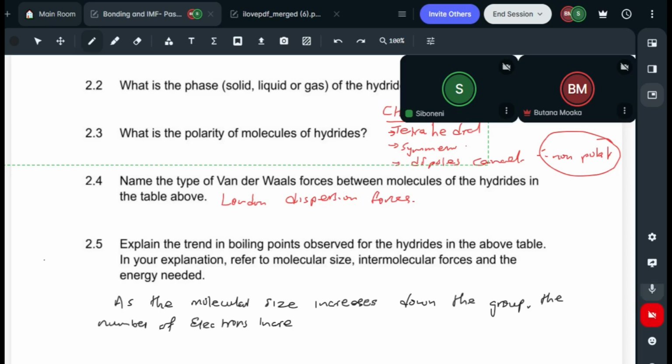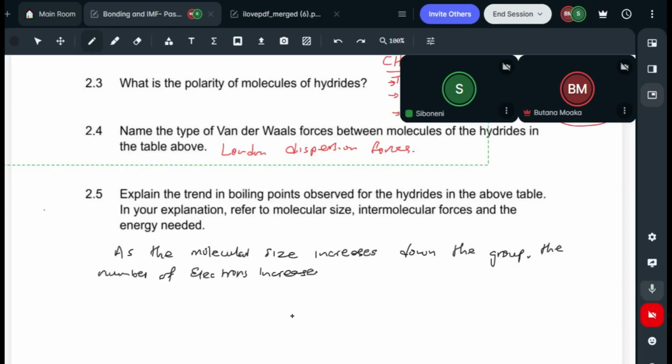Do you understand that part? Are you still with me? Yes, sorry. And this will do what? This will cause stronger London dispersion forces between what? I need you to pay attention: between molecules.